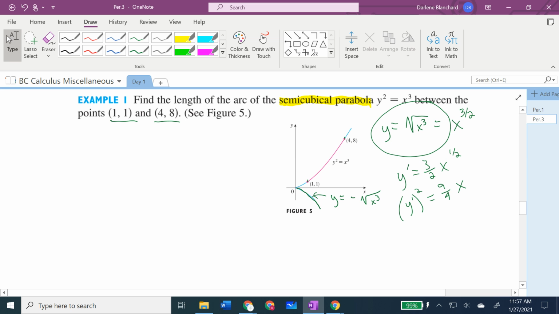But right now we're just going to use the positive root. My integrand is then the square root of 1 plus the derivative squared. And because the integral is set up with respect to x, I have to use the x coordinates of my 2 points as the limits, the lower and upper limit of my integral.